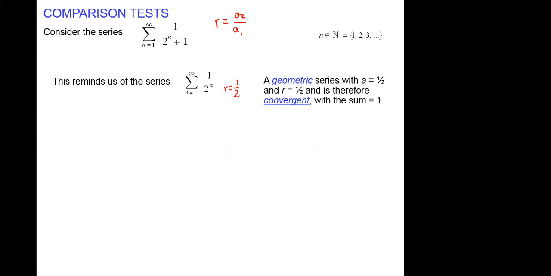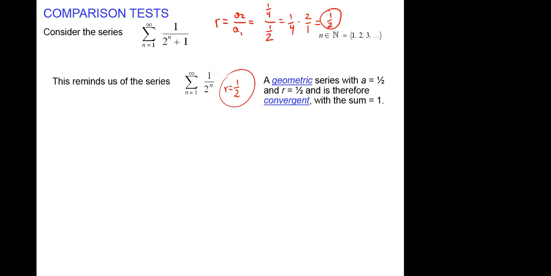Two consecutive terms, when we divide, give the common ratio. The first term is defined for n equals 1, so it's 1/2. The second term is defined for n equals 2, so this will be 1/4. 1/4 divided by 1/2 means multiplying by 2 over 1, which is 1/2. As we can see, that's the way, or just looking at the formula. Okay, the common ratio is 1/2.